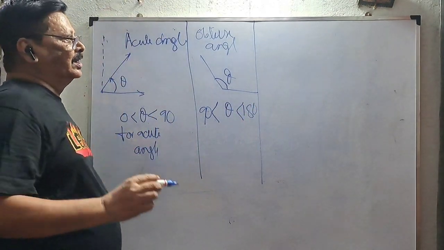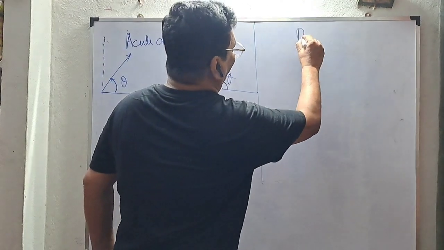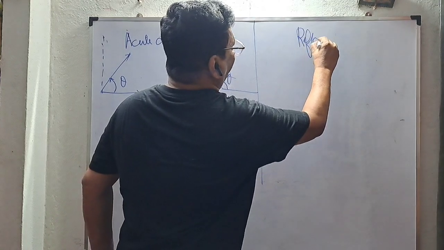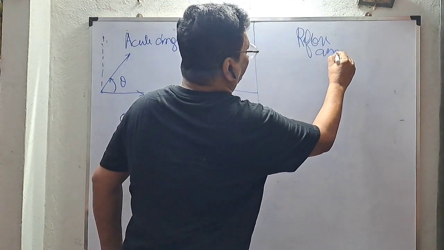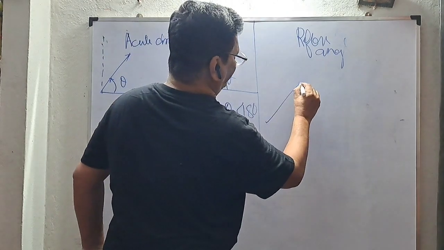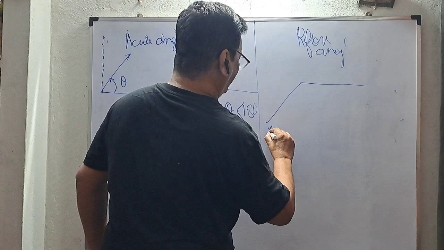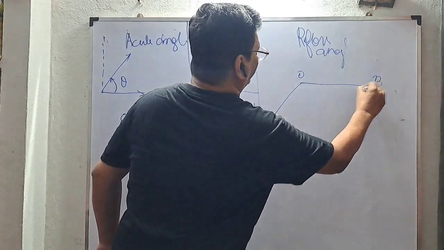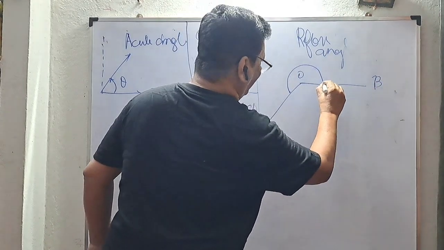Now we have the reflex angle, which is something like this. A, O, B. So we are talking about this angle.